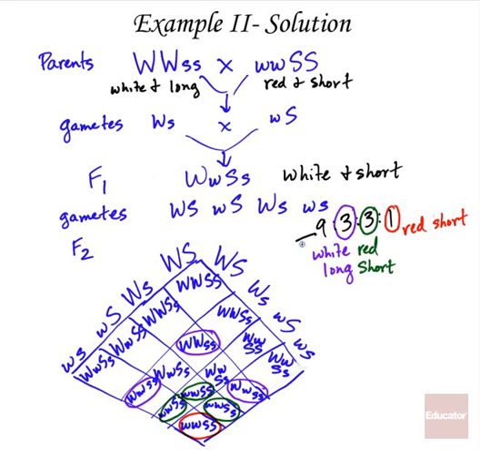And those are going to be the white and short. And can we find those? 1, 2, 3, 4, 5, 6, 7, 8, 9. So each of these 9 have at least one dominant allele for white and for short. Okay? All right, good. So let's go on to the next.